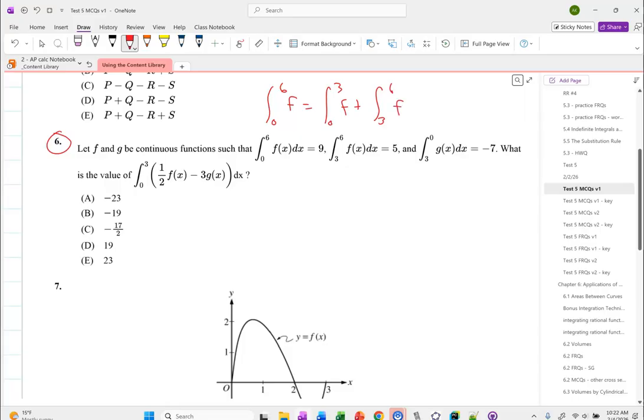So I know this, right? So this is 9 equals x plus 5. So this guy is 4 then, right? Cool with that? And then this is 7, right?